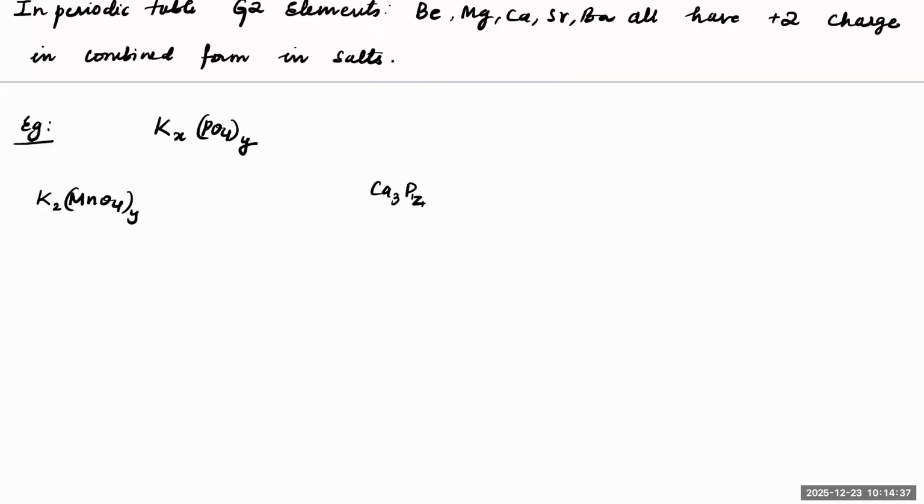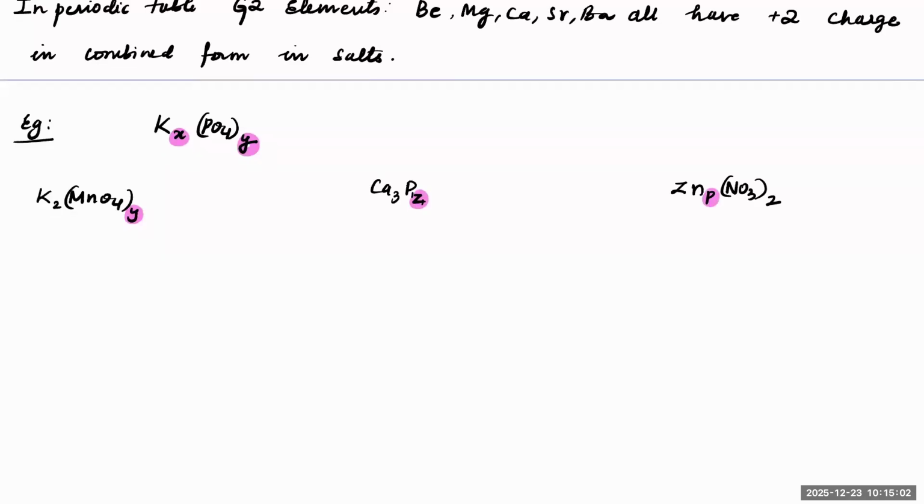Similarly, if you have Zn p times NO3 twice, calculate the value of p. So our objective is to find out x, y, here z, here p.